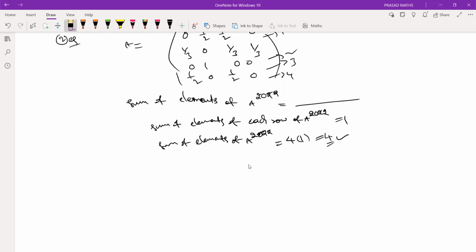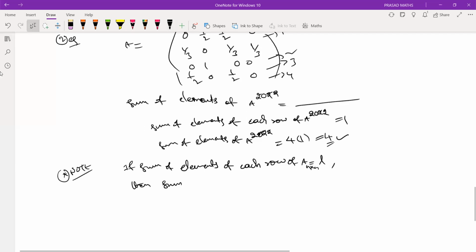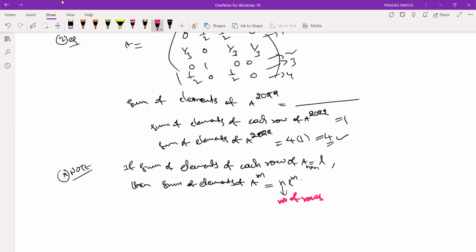In general, notice: if the sum of elements of each row of A, where A is an n by n matrix, is L, then the sum of elements of A power M, suppose you take M, the formula is total number of rows into L power M. Total number of rows into L power M. Right?